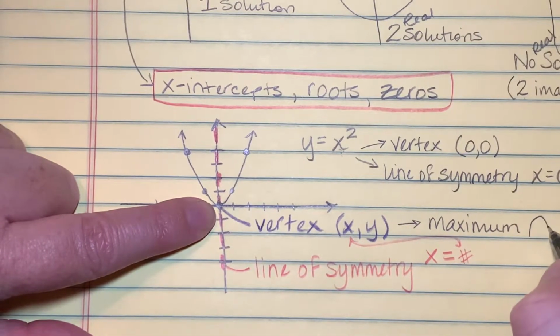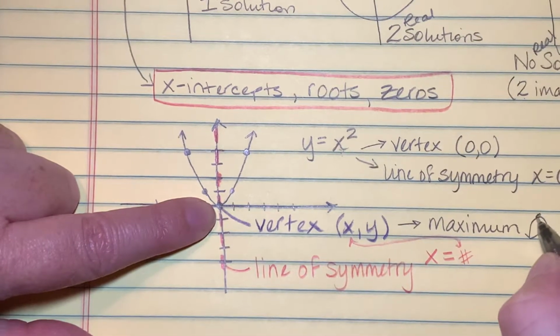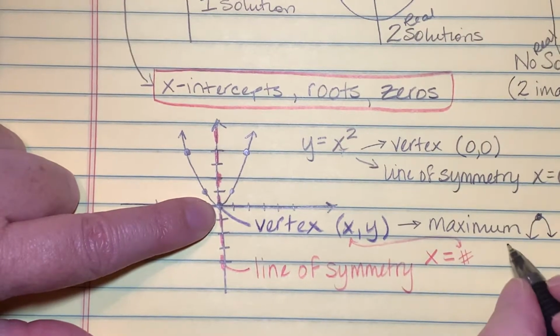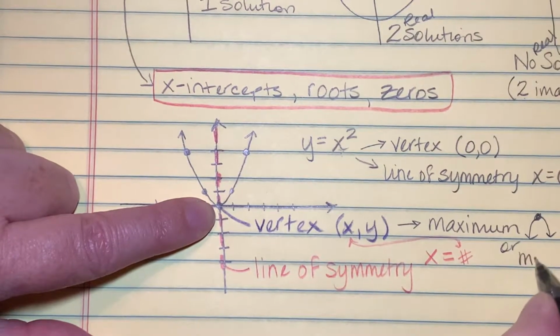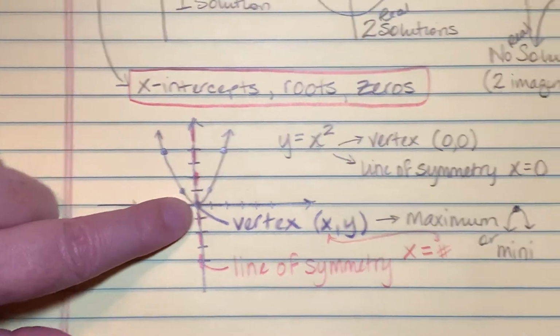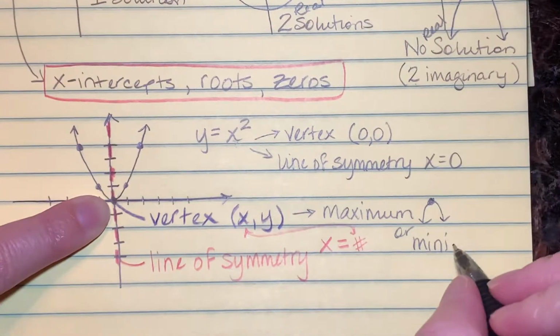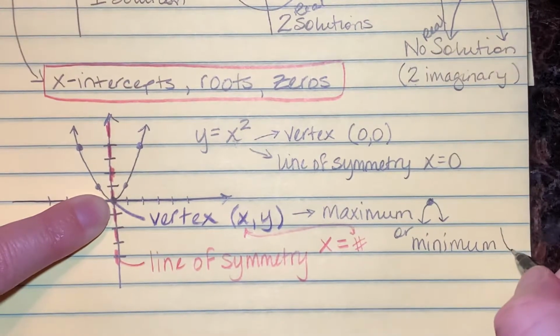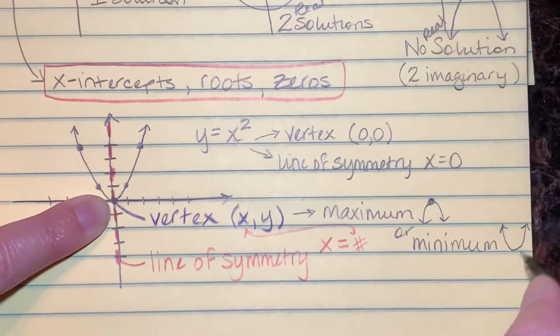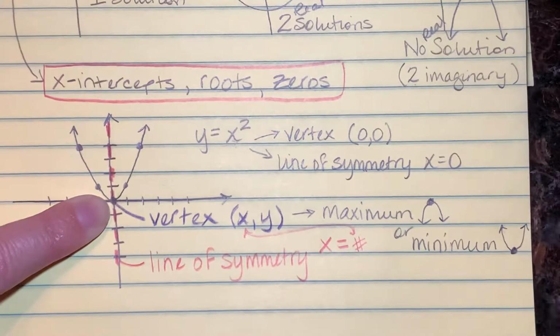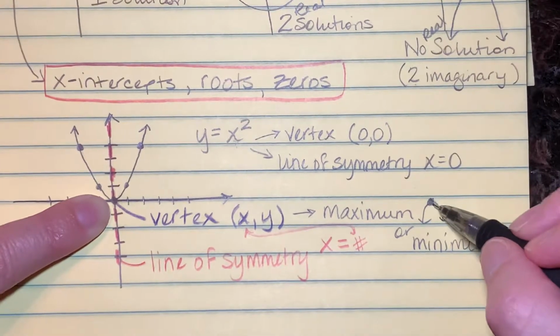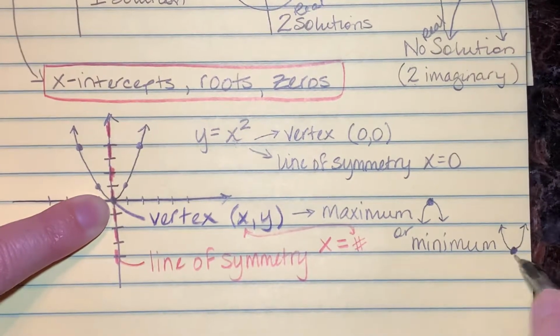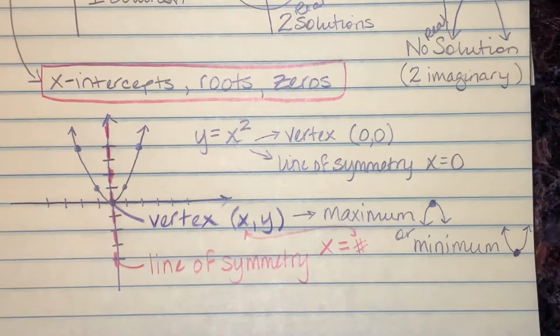Maximums would be this way, or a minimum. Can we see? No, I'm writing off the paper. Minimum. And that's if it's this way, because it's the lowest that it can be. So here's the max value, here's the min value, right? So as we're talking about parabolas, those are the things that we need to keep in mind.